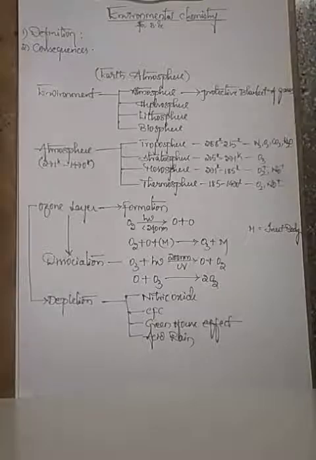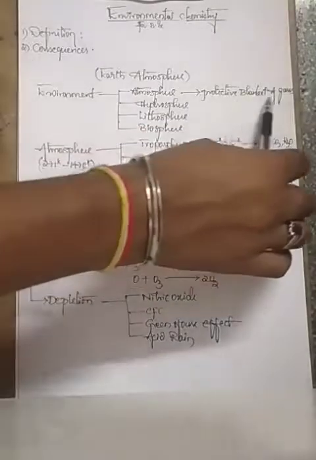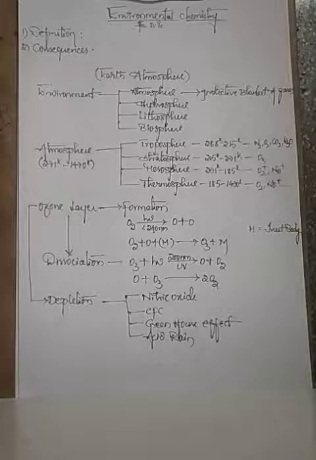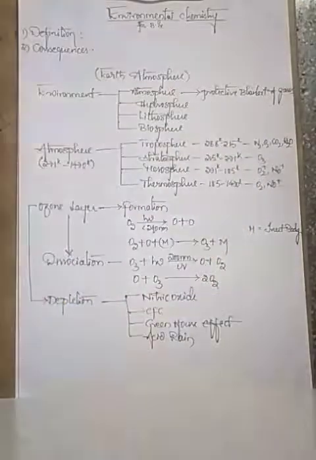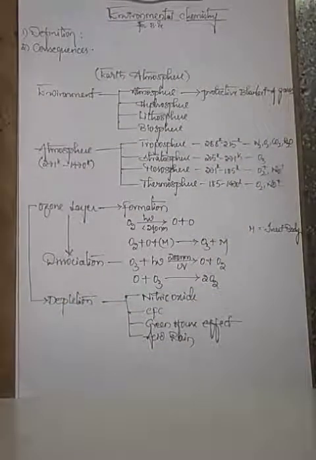And this atmosphere is a protective blanket of gases. Why is it called a protective blanket of gases? Because it stops the absorption of electromagnetic radiations from the sun. That means it does not allow the electromagnetic radiations into the Earth's atmosphere. What are electromagnetic radiations?